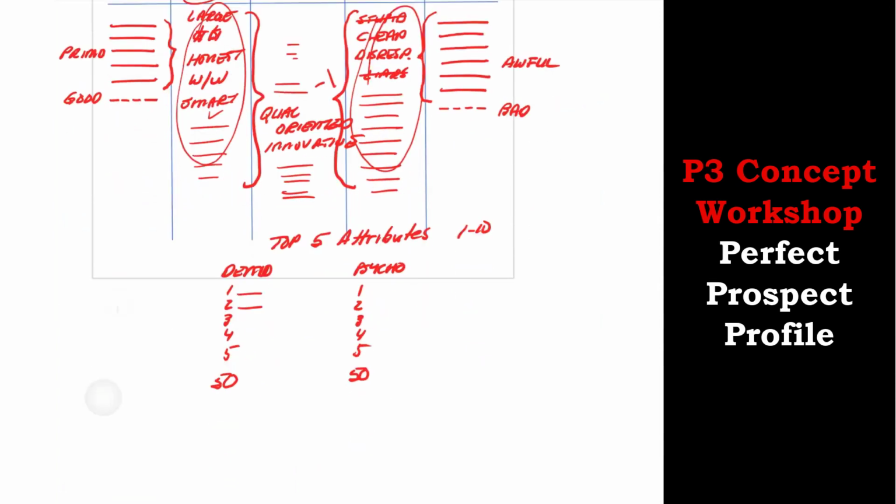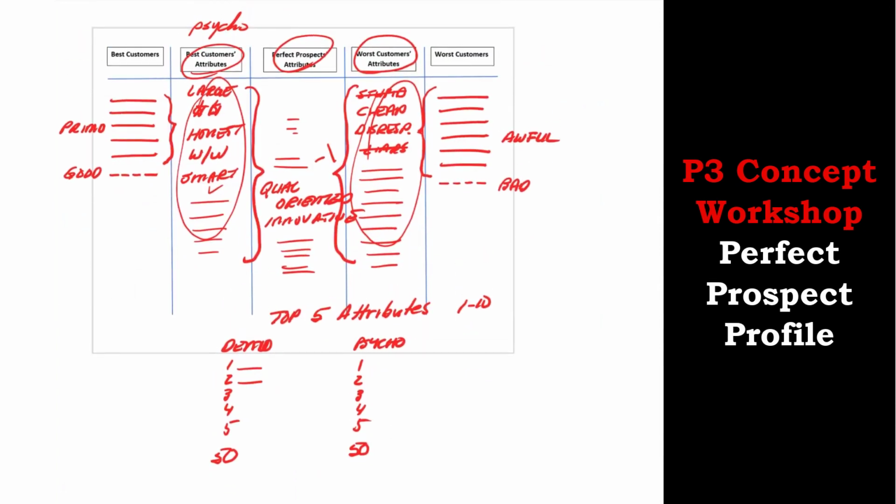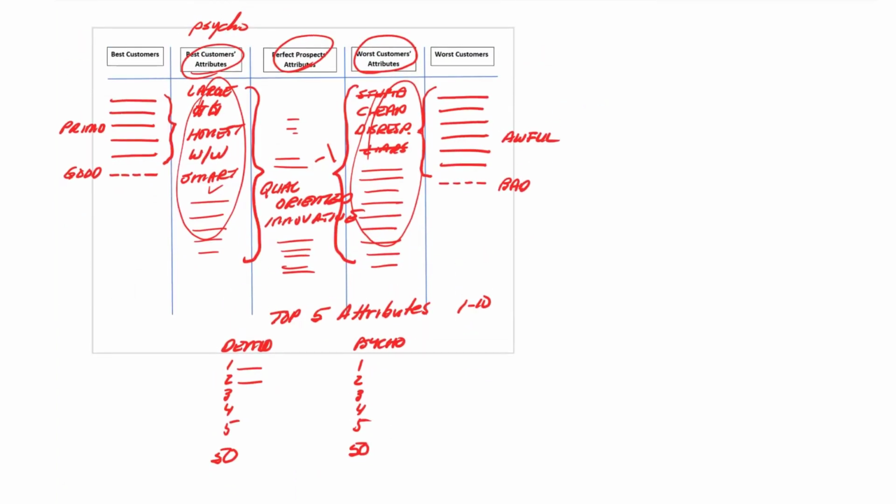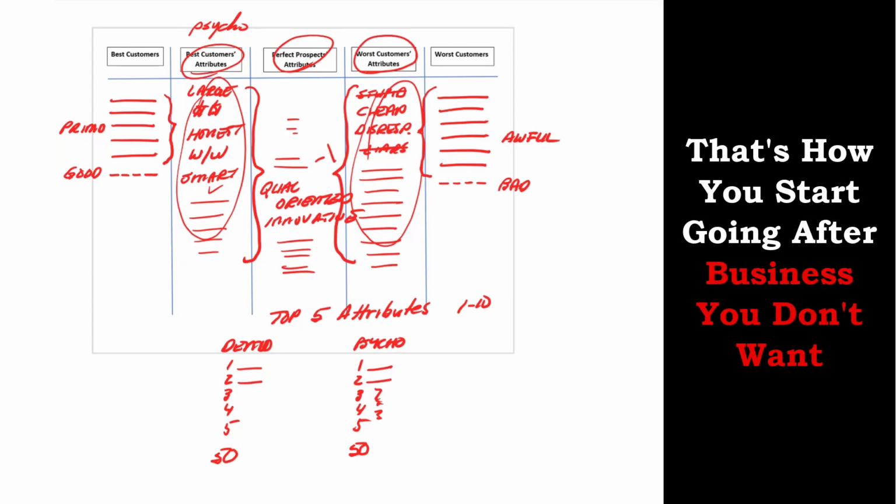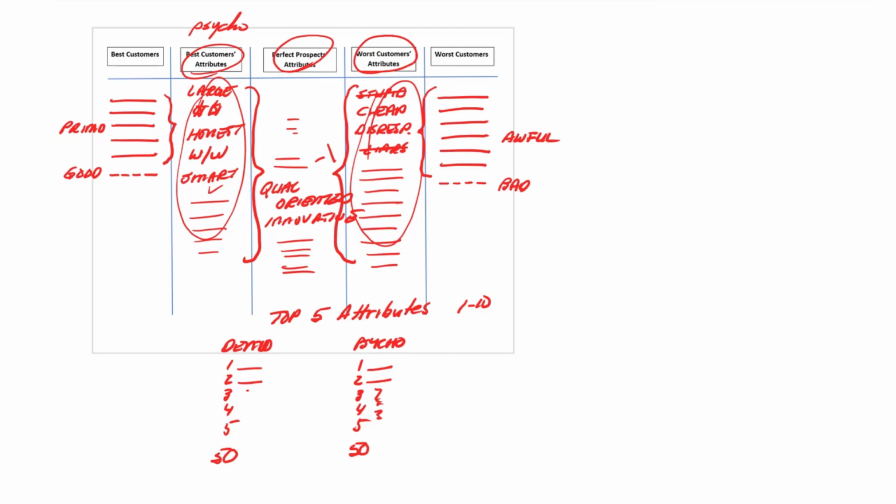So that's how you run the workshop. That's how you come up with your profile. And when you start looking at these things, whatever you come up with, there may be some you don't know. That's a question mark. Rather than assuming it or guessing at it, that brings us back to, that's how you start going after business you don't want, is a whole bunch of these don't really fit, but we're going to go after them anyway because we need it, okay?